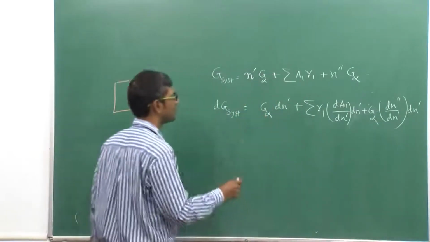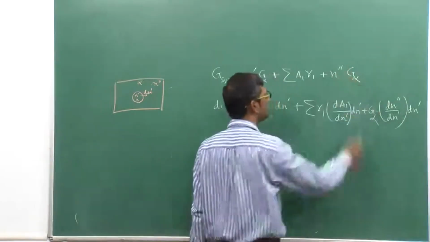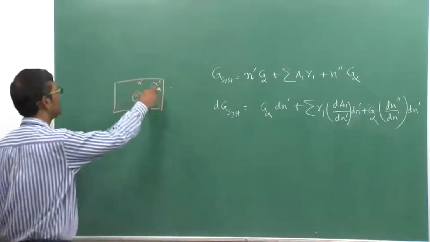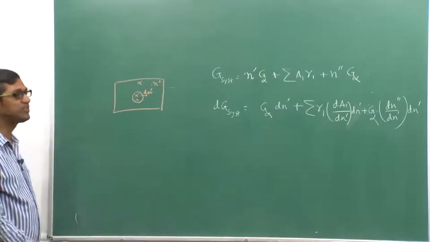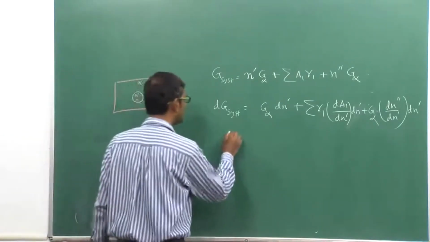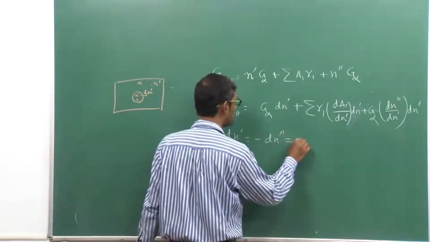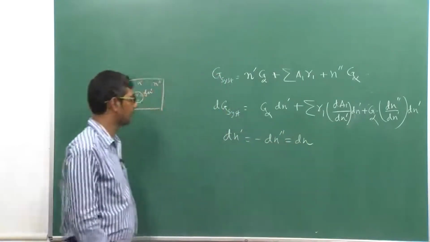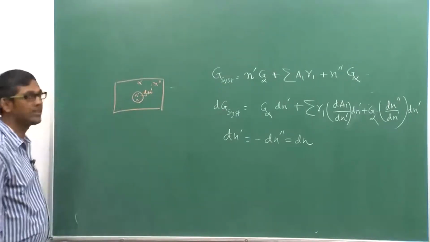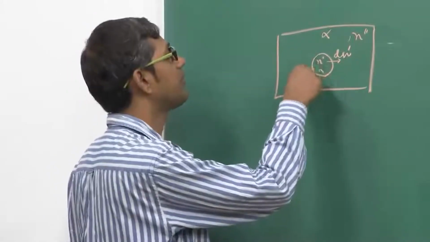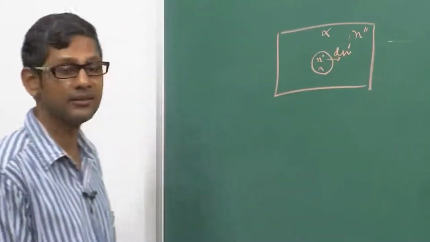That is what it is. So this is the area dependent term, and this is basically because of the big grains outside for that change. Now as you know, mass needs to be conserved. Whatever mass is getting transported from the small grain, dn prime, is basically added to the next grain, so there is no mass loss.